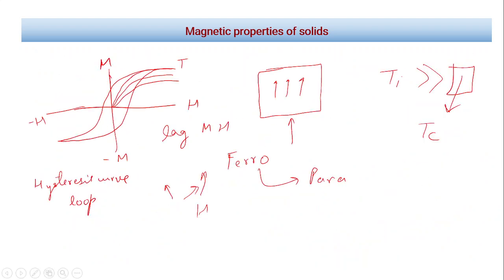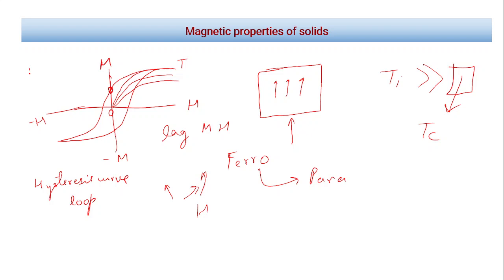But here there is a lag, because you can see M is not following H. In the beginning, once we magnetize it, because there is some concept of domain which will be discussed next week, so I don't want to go there, but initially we magnetize it once, after that it retains that magnetization, and even when I make the applied field zero, you can see there is still some magnetization even when the field is zero now.